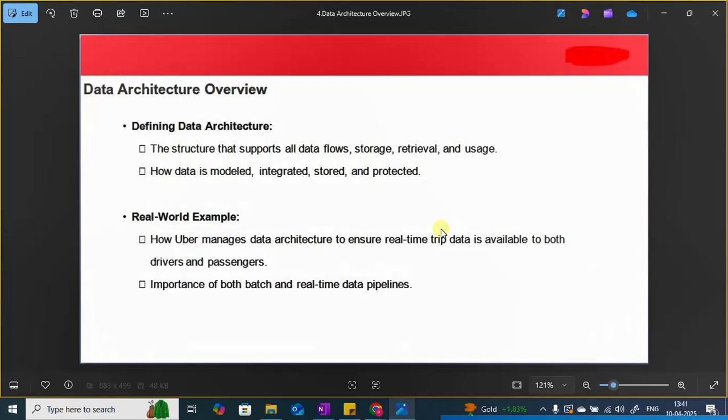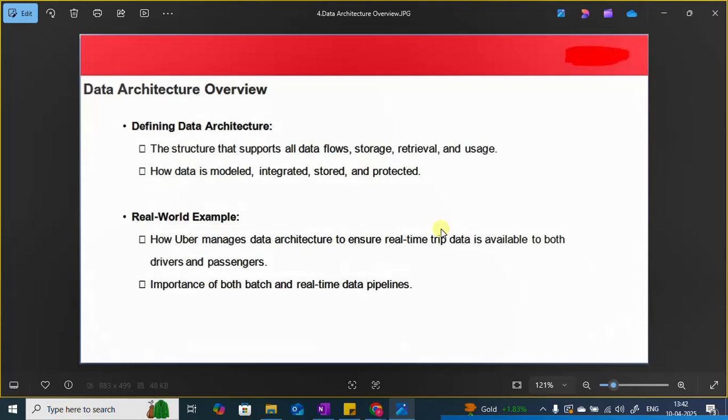It's about how data flows, whether it's streaming data or batch data, continuously 24 by 7 or batch-wise at certain times. Then how we are storing, whether we have implemented any caching mechanism, partitioning, bucketing, or just normal storage. The retrieval: how we retrieve data using SQL queries, whether we are using any optimized searching operation, that also matters.